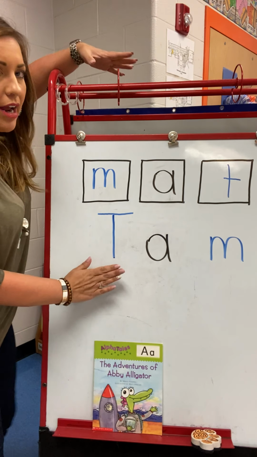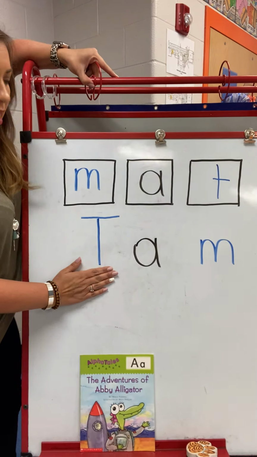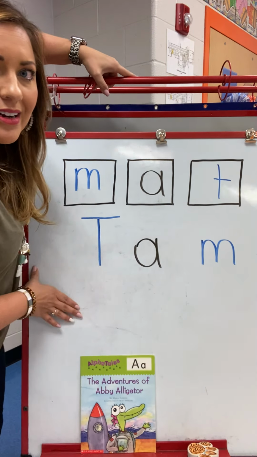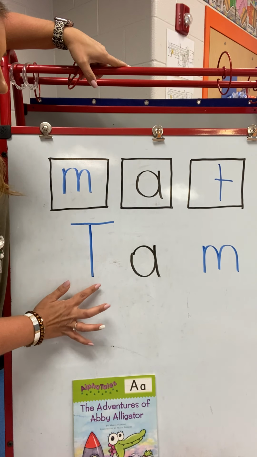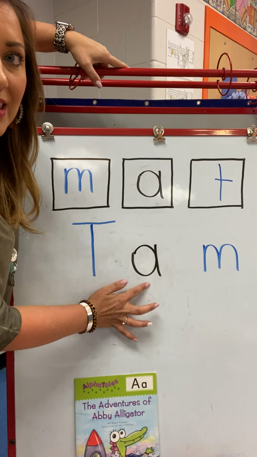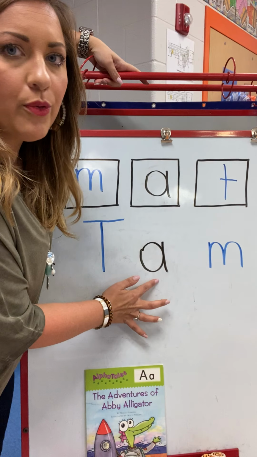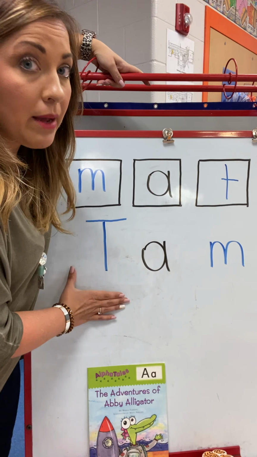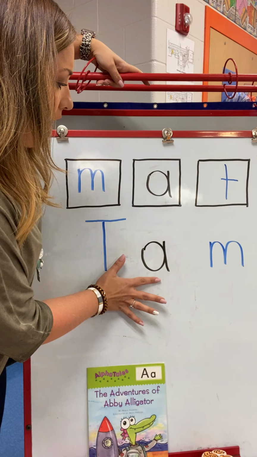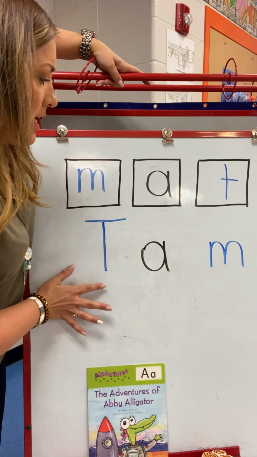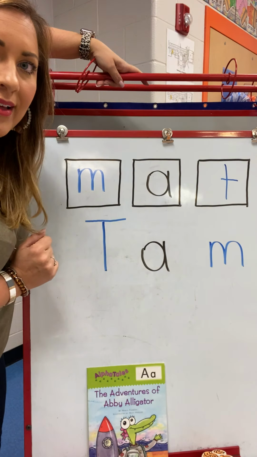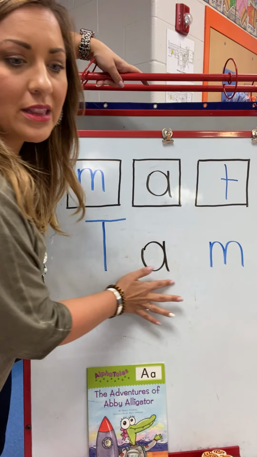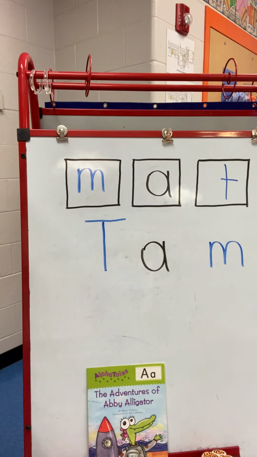Do you see the letter A at the beginning, in the middle, or at the end of the word? I see the letter A in the middle. Now let's see if we hear the A sound when we say the whole name. Tam. I hear it in the middle, because we always read from left to right. Good job, guys.